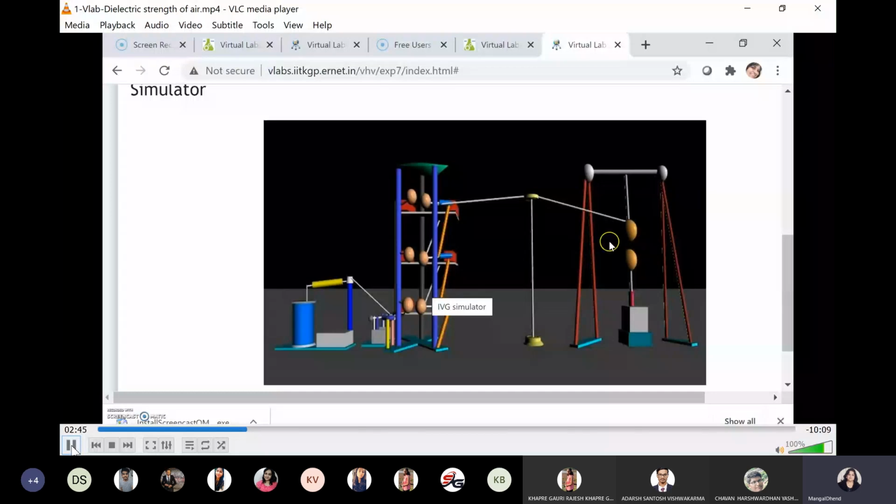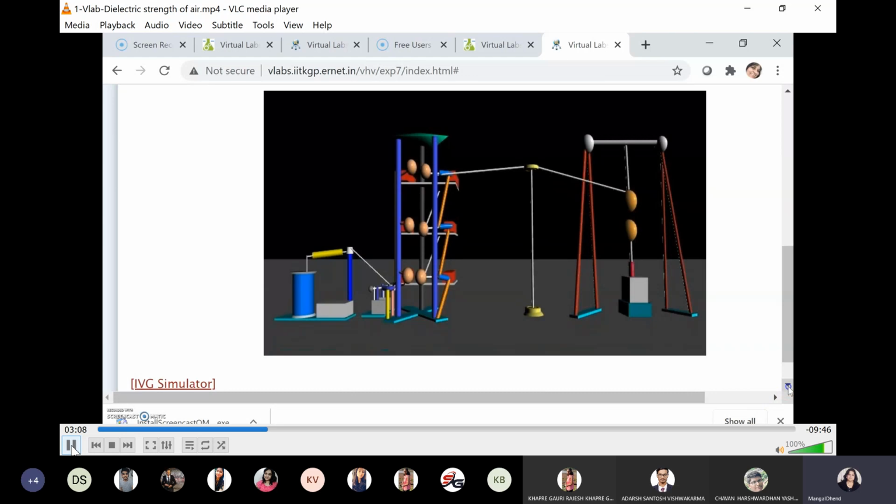So the experiment is different, but I want to show you the effect of diameter and also gap distance, and also we can find out breakdown voltage with impulse voltage, not sinusoidal AC 50 hertz voltage. That is the only little change in this part of the experiment.